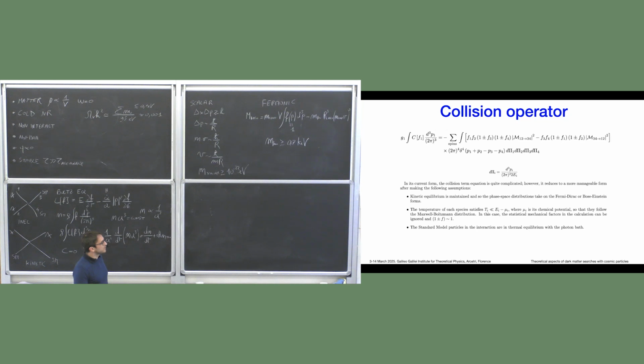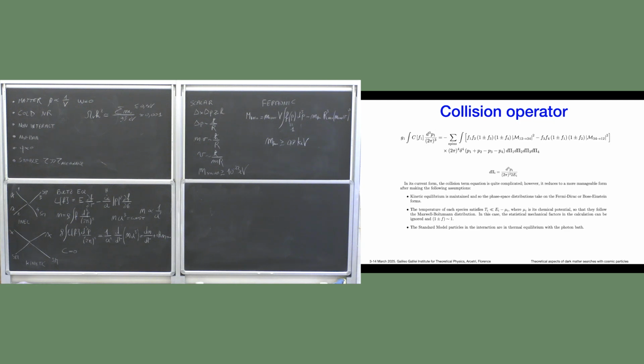Do you think that we typically solve all this equation? Unfortunately, no. We have some assumptions that we can make to simplify this equation significantly. So the first assumption is that you have kinetic equilibrium. So before the chemical equilibrium is lost, you keep the kinetic equilibrium. So the annihilation, basically the scattering rate for this interaction, is much larger than the inelastic one.